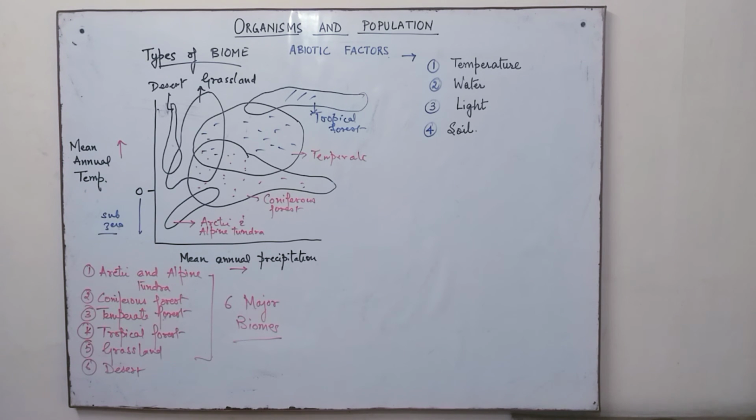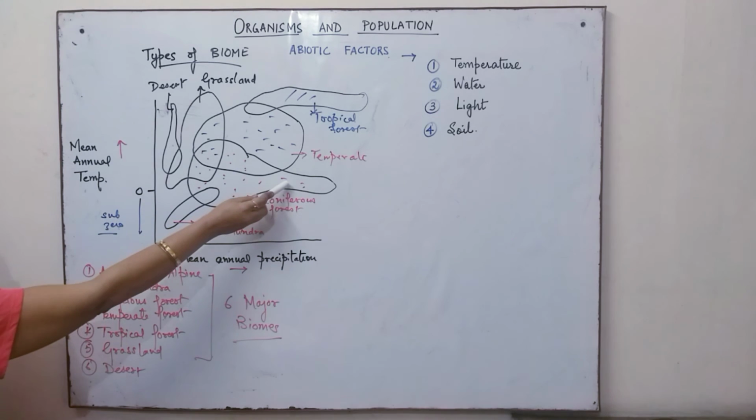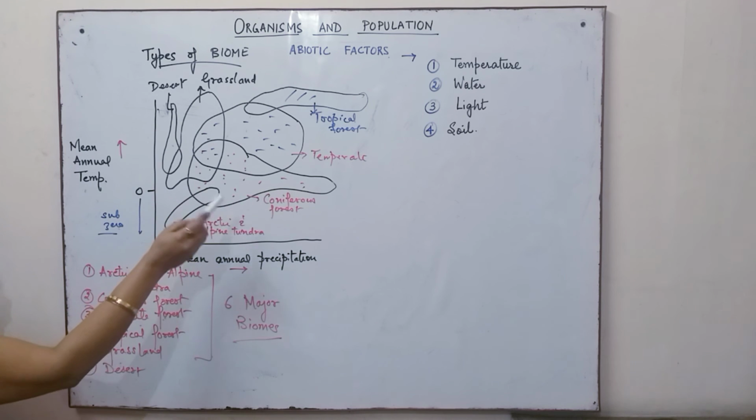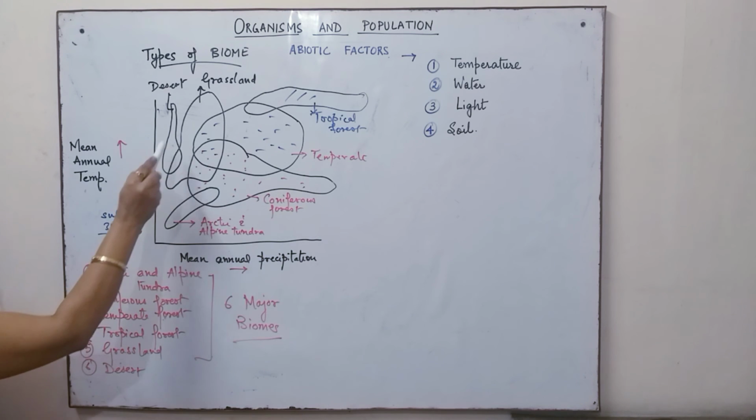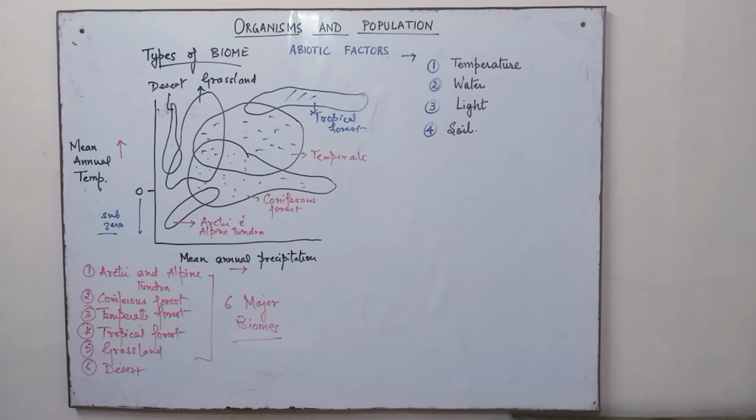Second comes the coniferous forest. You can make out and remember the coniferous forest by the picture itself, and you can make out that over here the coniferous forest has high rain. That means the annual precipitation is quite high and the temperature is low.